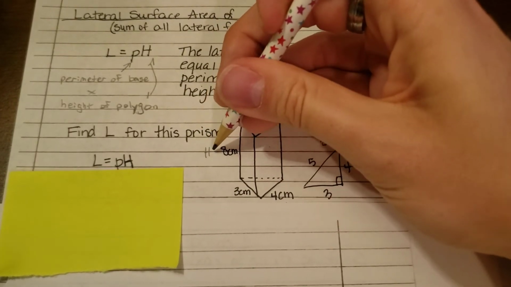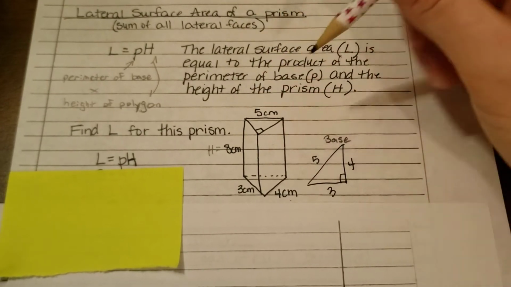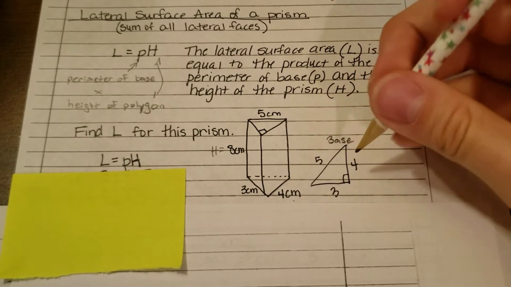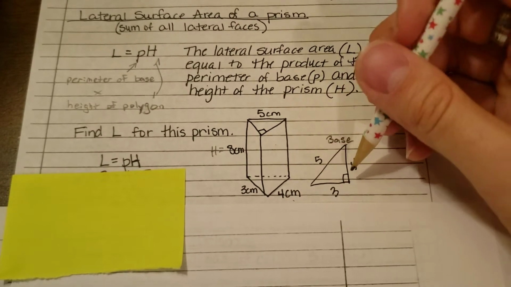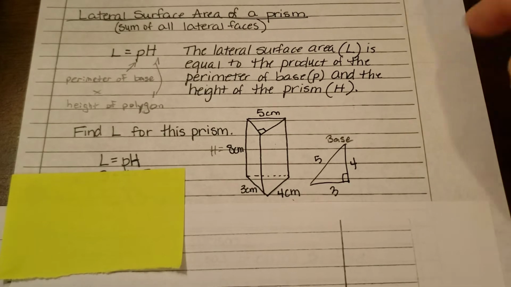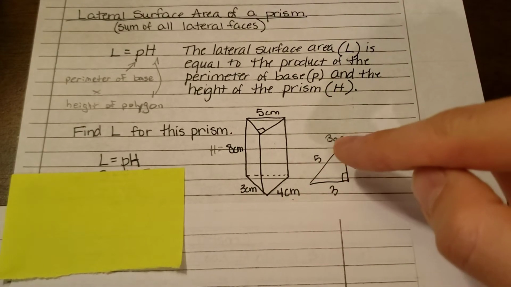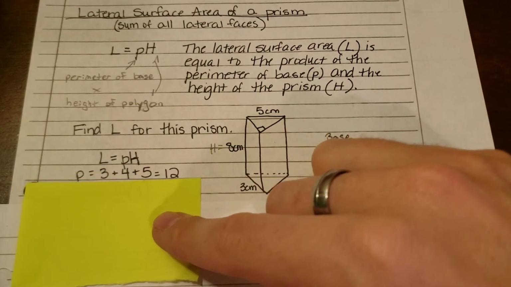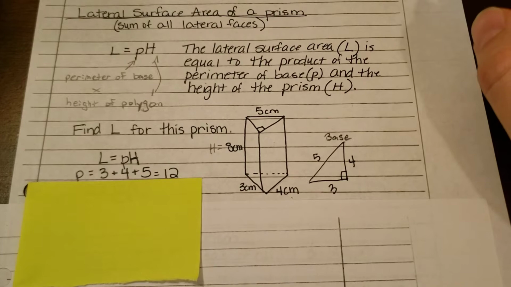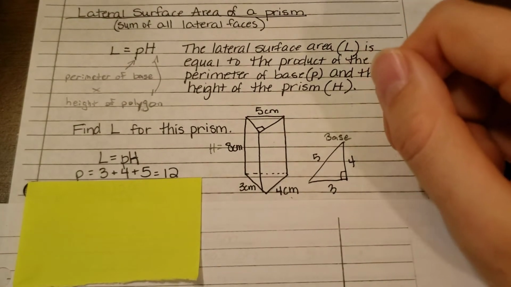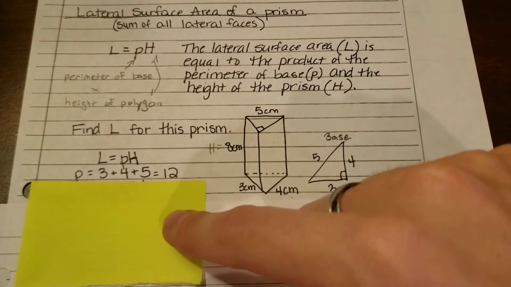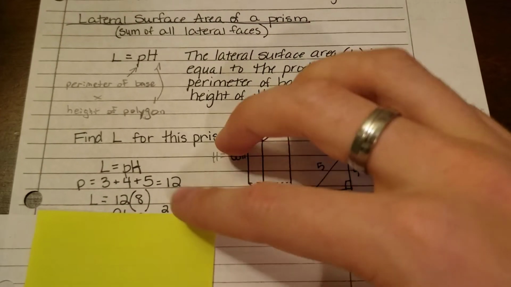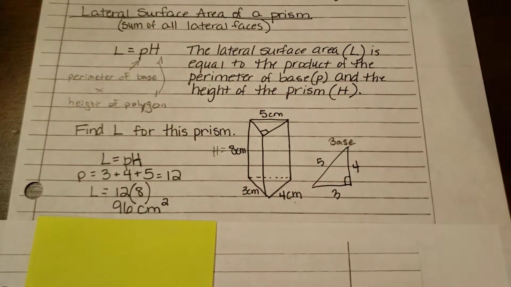So height equals 8 centimeters. My base has the perimeter of 5 plus 3 plus 4. I'm going to add these together to get the perimeter of the base. Then I'm going to multiply that by my height. 5 plus 3 plus 4, or 3 plus 4 plus 5, is 12. And when we multiply that by height, we get 96 centimeters squared.